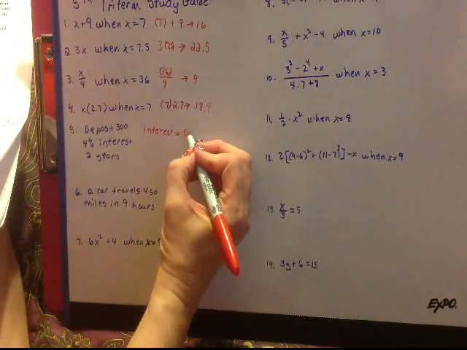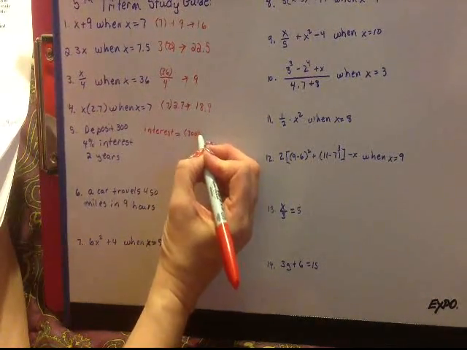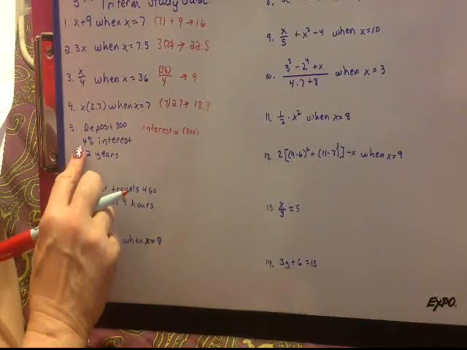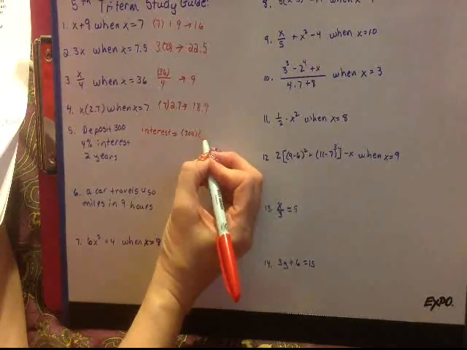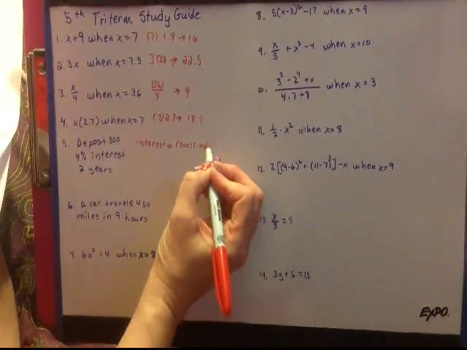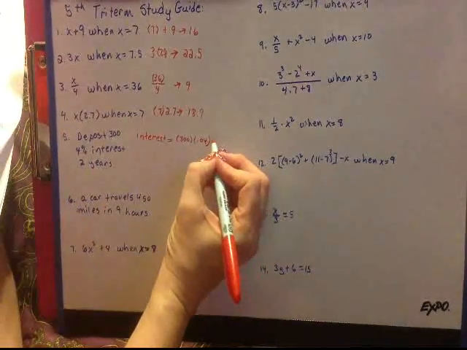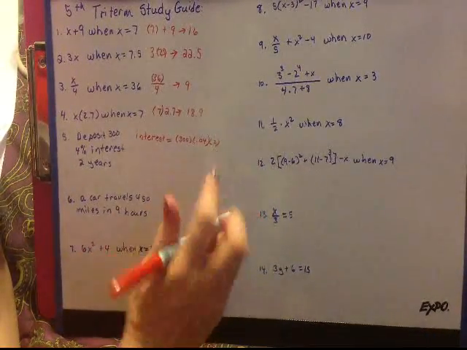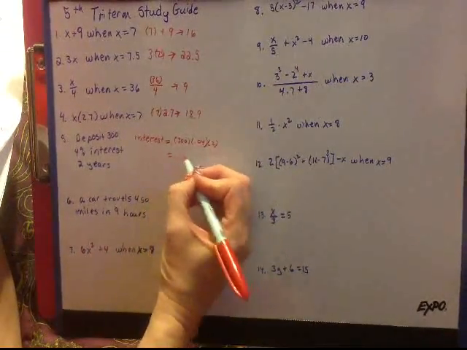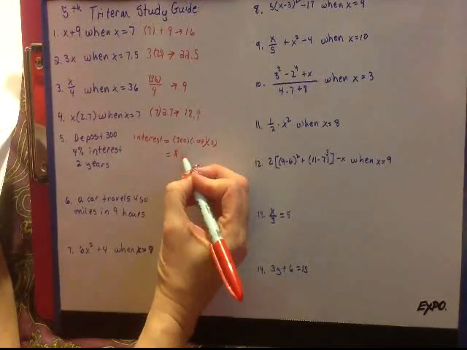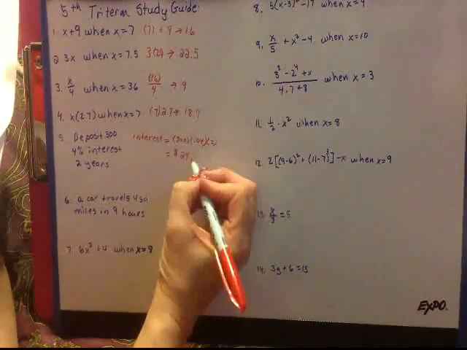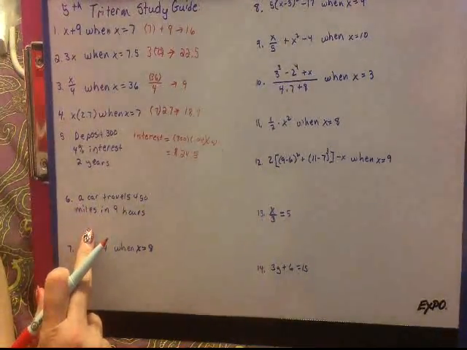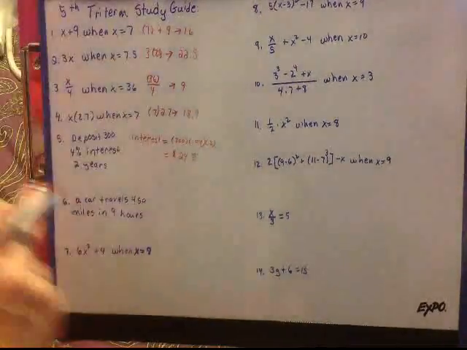Our initial deposit was $300. Our interest is 4%, which is 0.04 in decimals, times 2. You multiply all of that, and you get that it is $24. That was number 5.